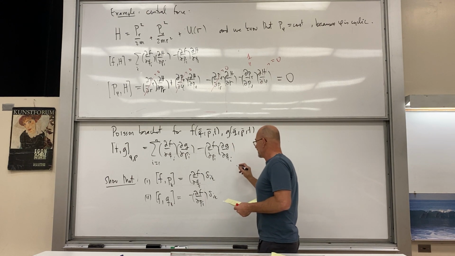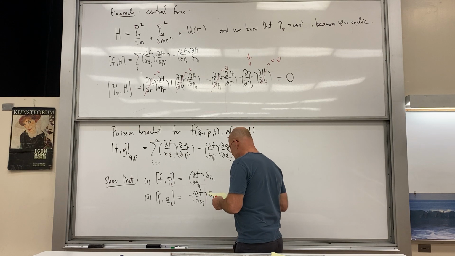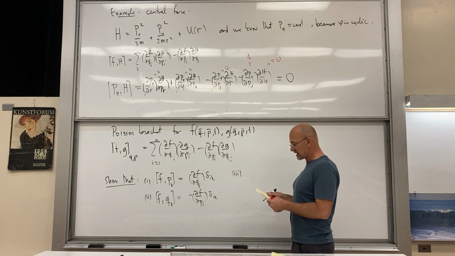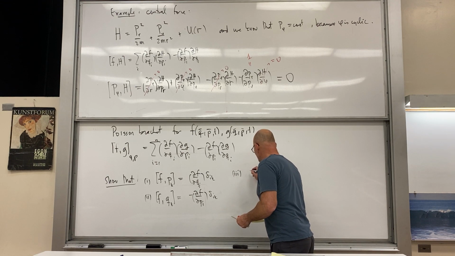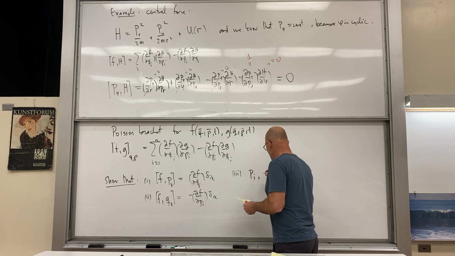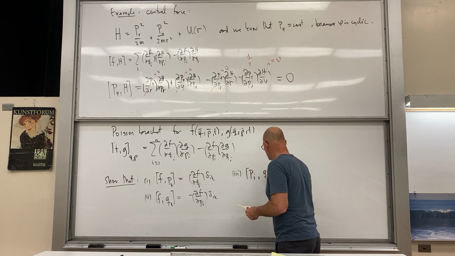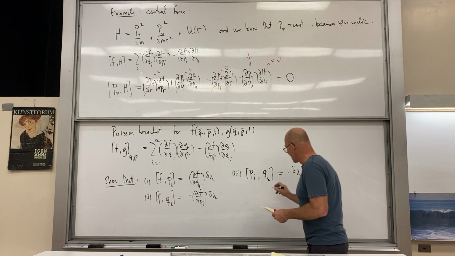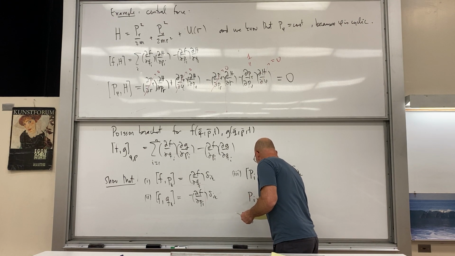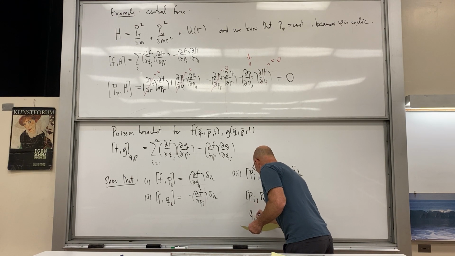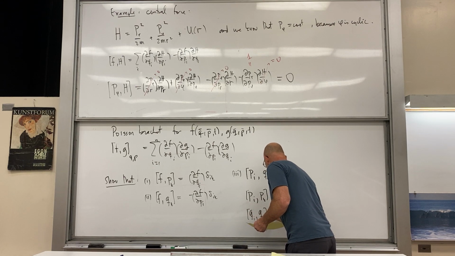Okay. But these next two, actually I'll skip a couple. These actually go together, so we'll just put them all under 3 here. {p_i, q_k} equals minus delta_ik, {p_i, p_k} equals 0, and {q_i, q_k} equals 0.